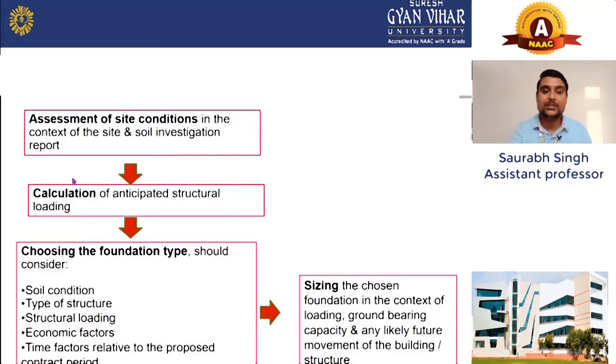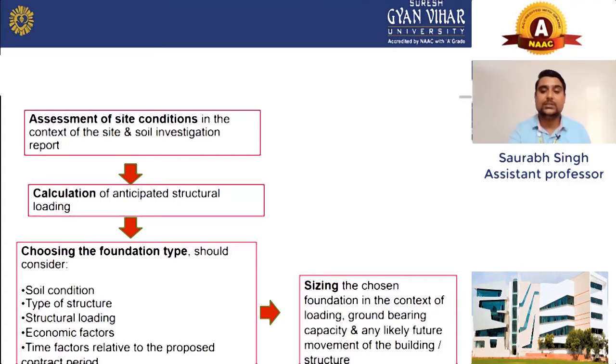And second, what you have to do, as you can see in this flow chart, is the calculation of anticipated structural loading. This is also a very important part in the construction of a building. It means how much load will act on your structure, and you have to calculate it, like what will be the dead load and what will be the live load.